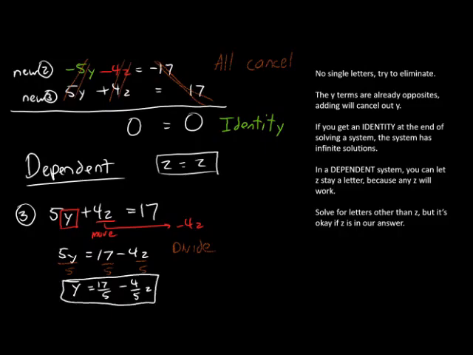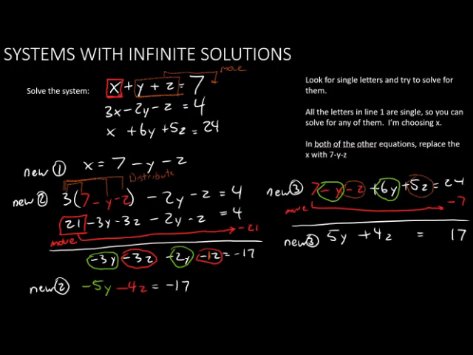Now that we have our solution for y, let's go back to the beginning. On the previous slide, we said for our new line 1 that x equaled 7 minus y minus z. I'll circle that in yellow now. Now that we know y, we can find what x is using this expression we wrote at the beginning.